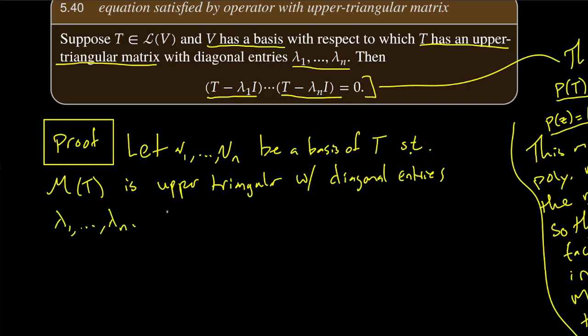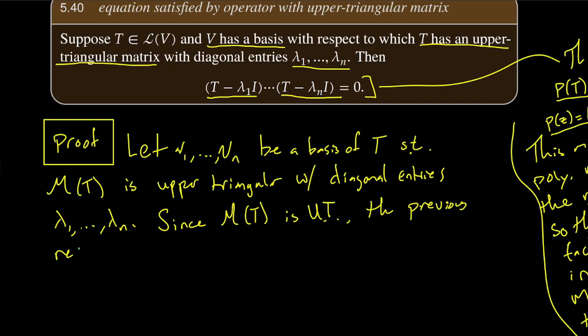Now, since the matrix of T is upper triangular, the previous result tells us T of vk is in the span of v1 through vk.